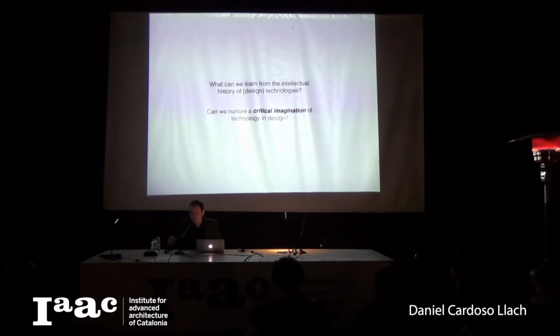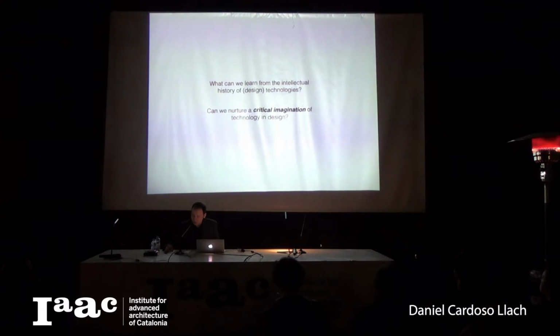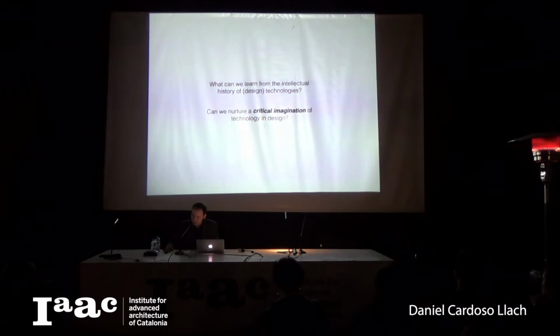So the questions that I want to explore with you today have to do with that perspective. What can we architectural researchers learn from an intellectual history of the technologies that we use? Can we nurture a critical imagination of technology in design? I will try for the next several minutes to offer some materials to start thinking about these questions and perhaps start answering them.